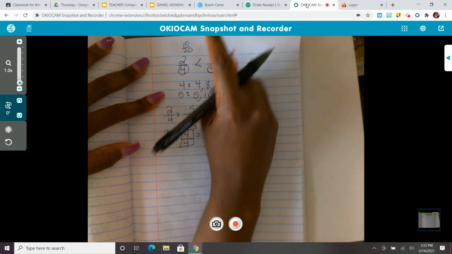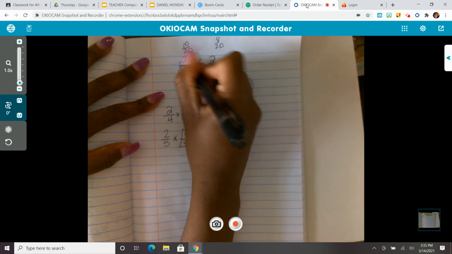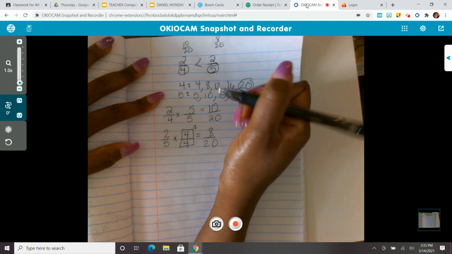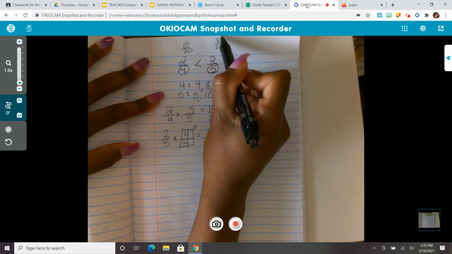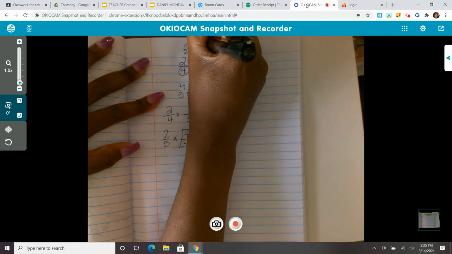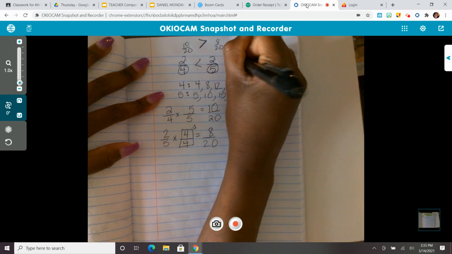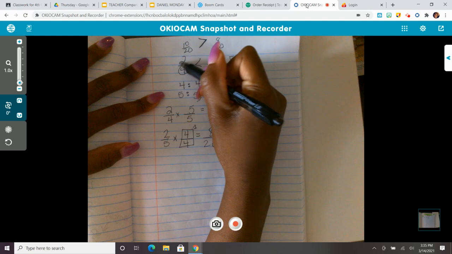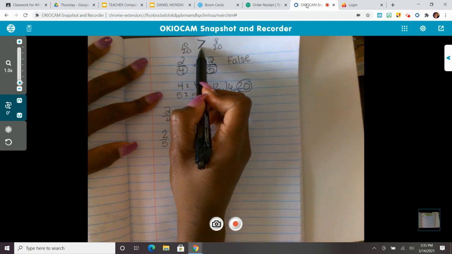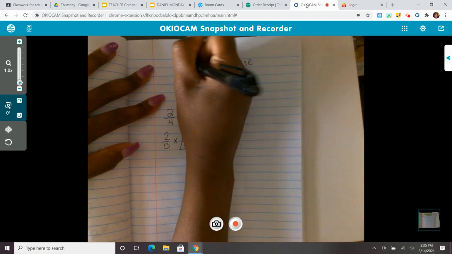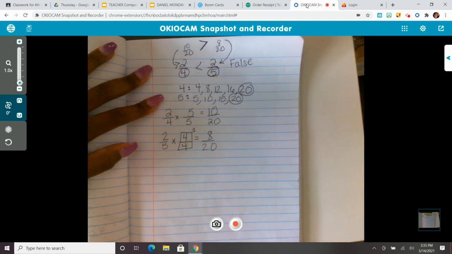Now I can compare. That means here they're saying 2/4 is less than 2/5. Is that true or false? Because I can see a 10 up here and an 8 here. I know that the 10 is going to go this way. So I know that has to be false because 2/4 is greater than 2/5. 10 20ths is greater than 8 20ths. 10 20ths is the same thing as 2/4, and 8 20ths is the same thing as 2/5.